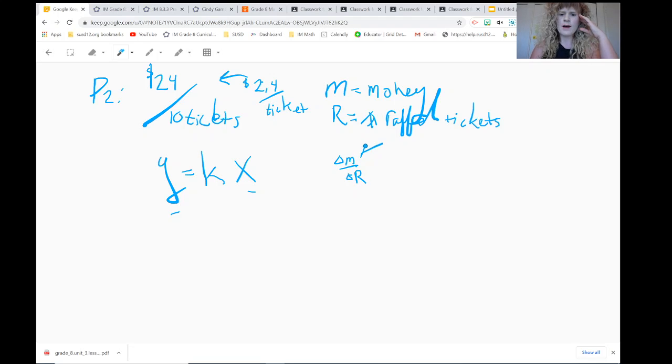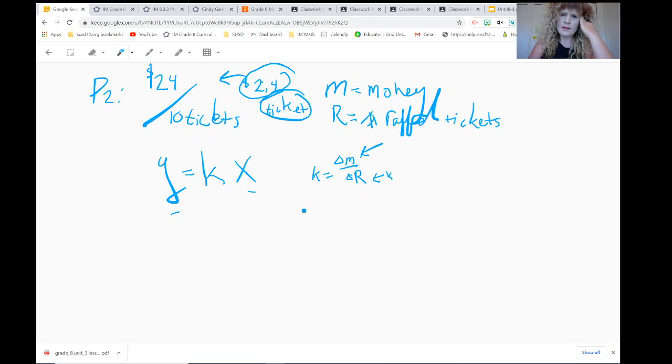So the y value is on the top and the x is on the bottom. That's what our rate constant's always going to be, the y value on the top and the x value on the bottom. So this is change in money. Let me circle it. Change in money per tickets.